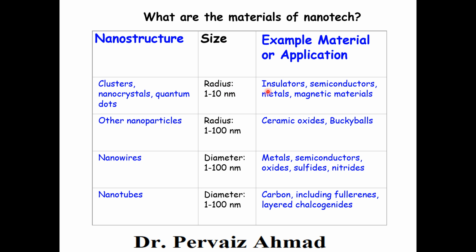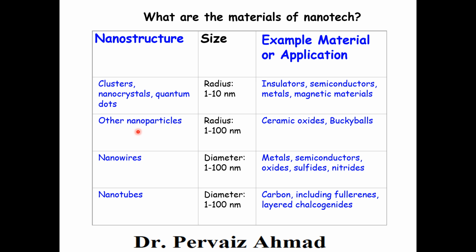The examples of these materials might be insulators, semiconductors, metals, and they can include magnetic materials as well. I mean, these are the materials which can be found in this particular format.